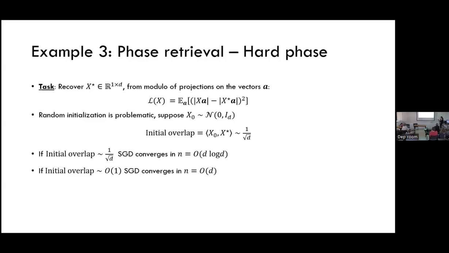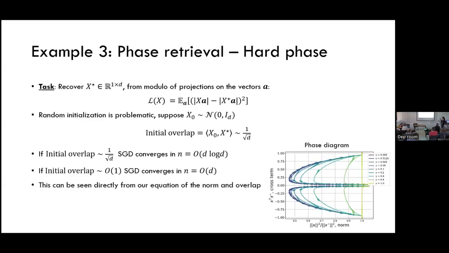So we will have an order one value, and then the number of iterations will be of order d. But actually, you can also see that if you just look at our equation, in particular, what we plot here is a kind of vector flow of the dynamics.